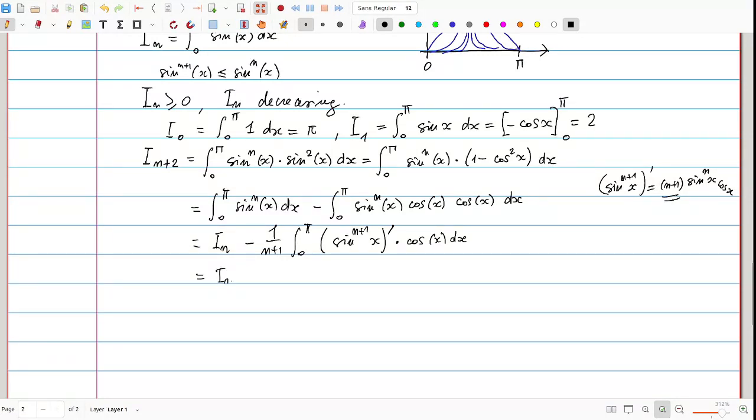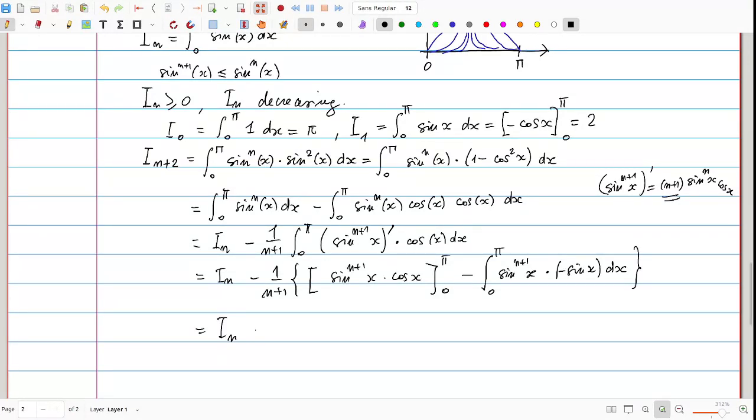This is In minus 1 over n plus 1, and here we have by parts sine to the power n plus 1 of x times cosine of x between 0 and pi, minus the integral of, so here above we have the derivative of this term, and so here that term is left as it is, and we have to put the derivative of the cosine, which is minus sine. Okay, this is between 0 and pi.